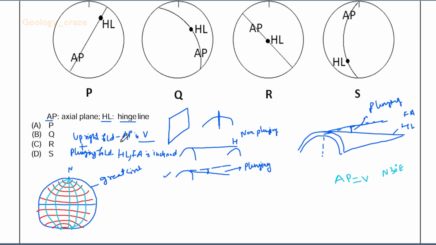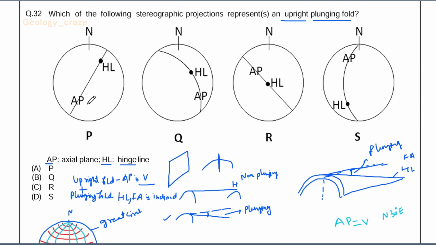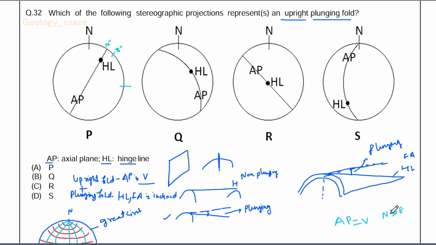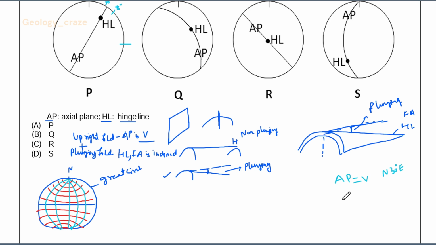With respect to this, I am writing: this is our north, this is our east, this is 45-degree, but it is less than that, so I am supposing 30-degree. So north 30-degree east will come at this place.